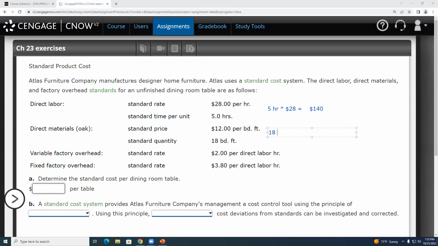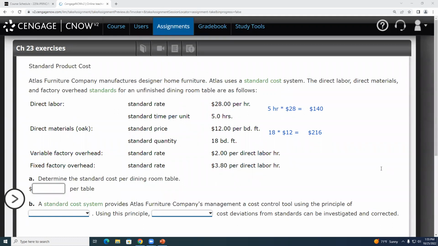And so we expect to use 18 board feet. And the purchasing department told us that right now, our expected cost for that oak board is $12 per board foot. And so that contributes $216 worth of direct materials to each one of our tables.